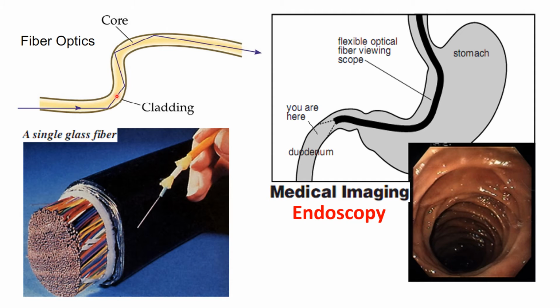Then this reflected ray becomes the second incident ray, and then it is also reflected internally in the cable, and then it becomes an incident ray again, and the reflection continues until the signal reaches the end point of the cable.